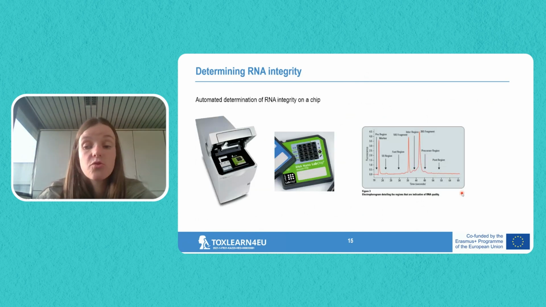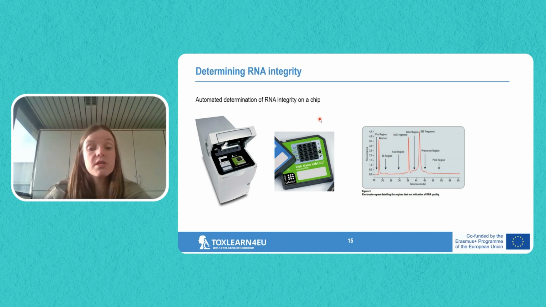Another method that could be used, it's actually based on the same principle, is an automated determination of RNA integrity. And this is typically done on these chips. This device that you can see here is a bioanalyzer, but there are also different devices that test for RNA integrity based on a similar principle.